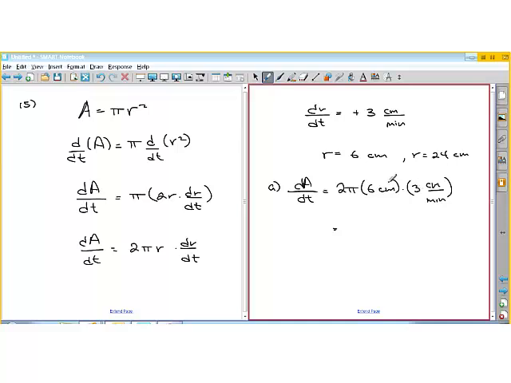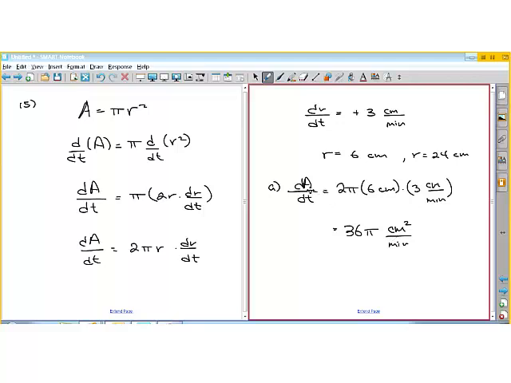And notice we have the units, and you multiply them together and simplify them if you can. So in this case, we'll have 2 times 6 times 3, which will be 36. So we'll say 36 pi, and the units are centimeters squared, sorry, centimeters times centimeters is centimeters squared, centimeters squared per minute.